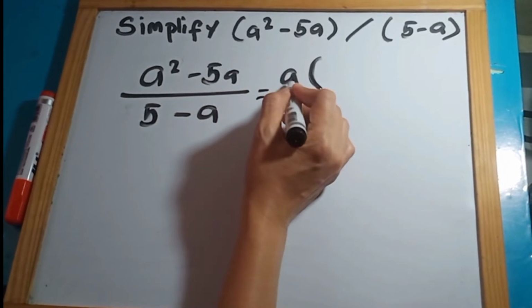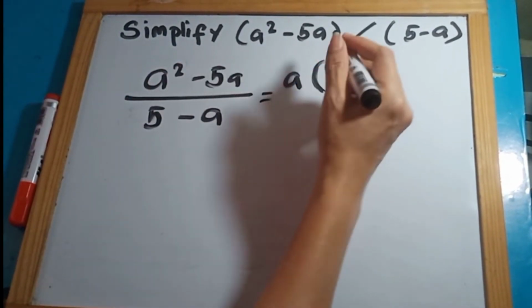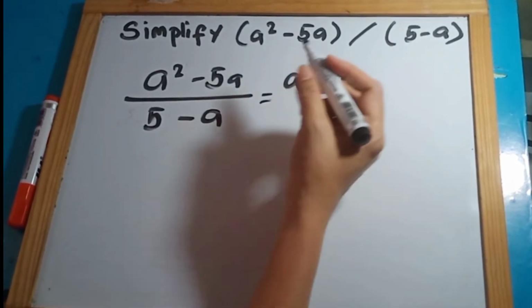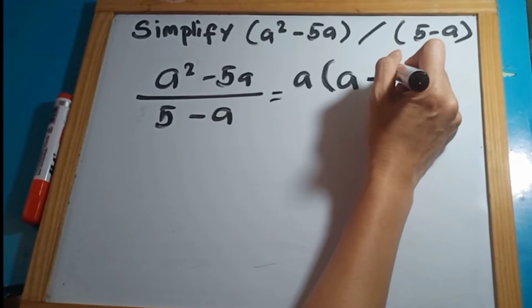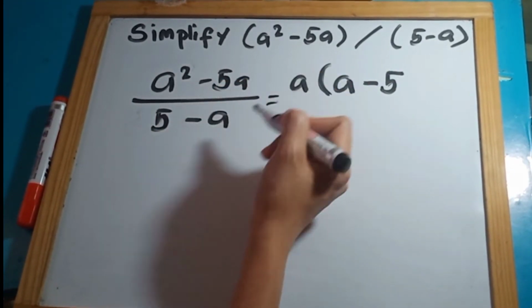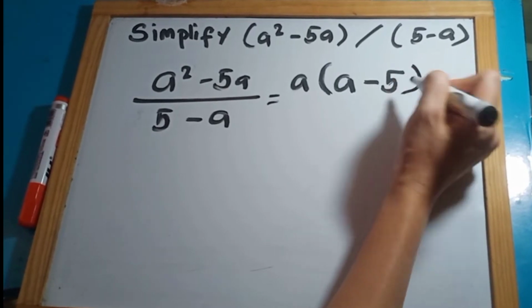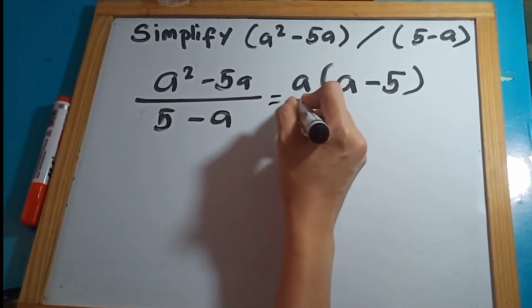I-divide natin yung common factor natin sa first term. So, a squared divided by a, that's a. And then, negative 5a divided by a. So, negative 5 na lang siya. Wala na yung a kasi kakancel na yan. So, that is now the factor of our numerator.